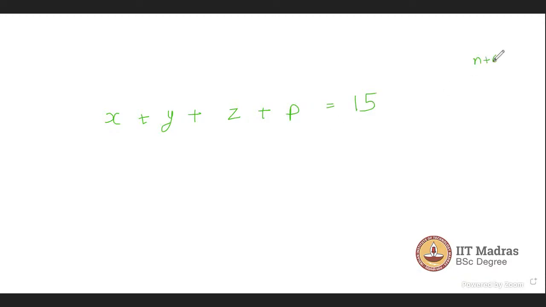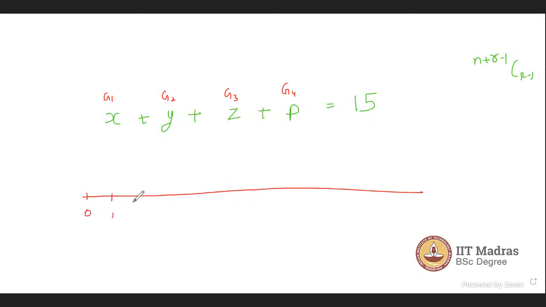Let me just show you why we use this. Suppose group 1 received X balls, group 2 received Y balls, group 3 received Z, and group 4 received P balls. Let me draw a number line: 0, 1, 2, up to 12, 13, 14, and 15.